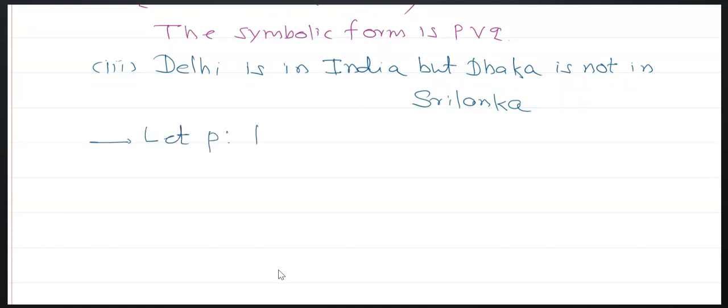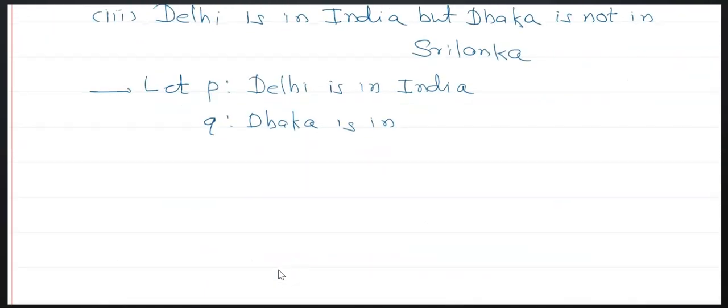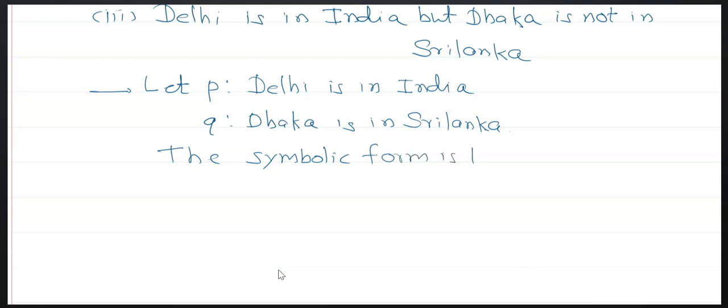Next, the first is, we say that Delhi is in India, and Dhaka is in Sri Lanka, and then we will make it a negation. The symbolic form is P and negation Q.